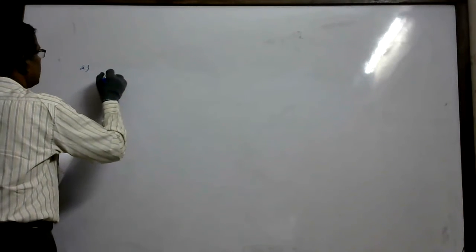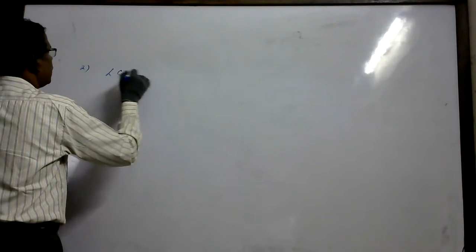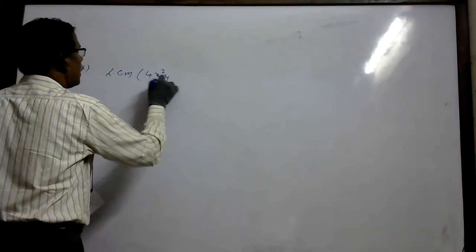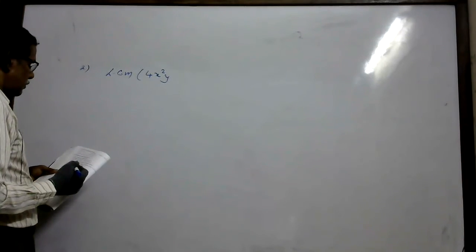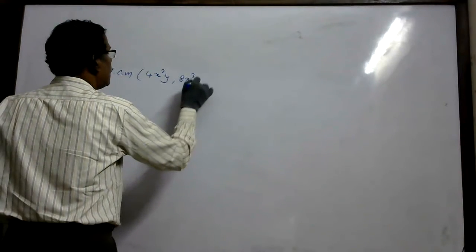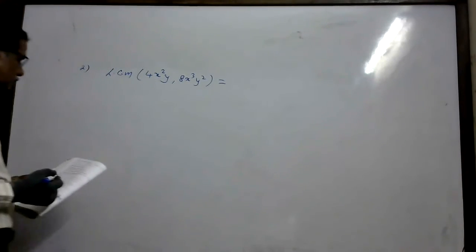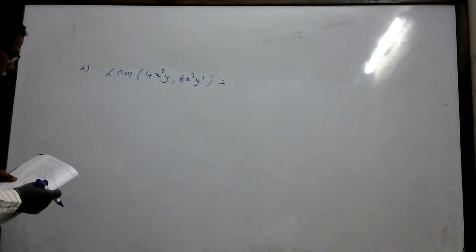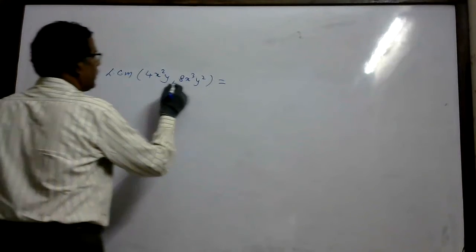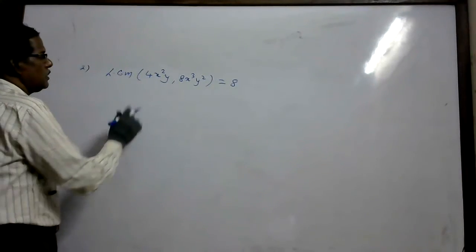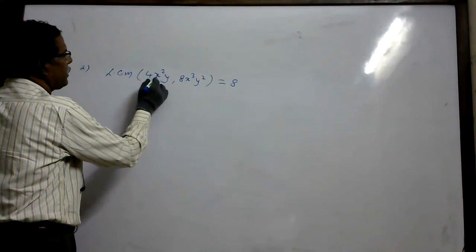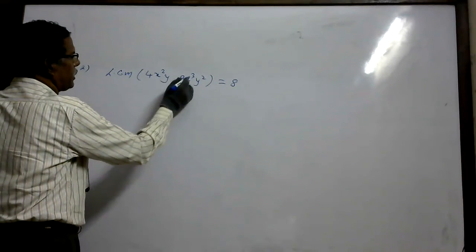That is, for example, LCM of 4x square y, comma 8x cube y square. See, the LCM of 4 and 8, we know, is 8. Now, x is one variable in this term, which is the higher degree. Here x square, here x cube.